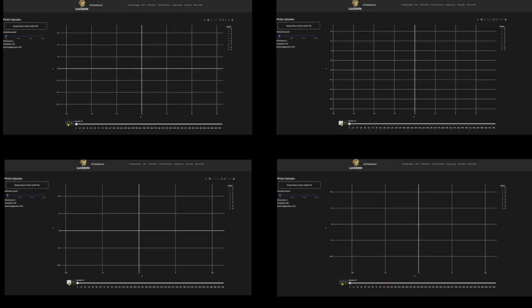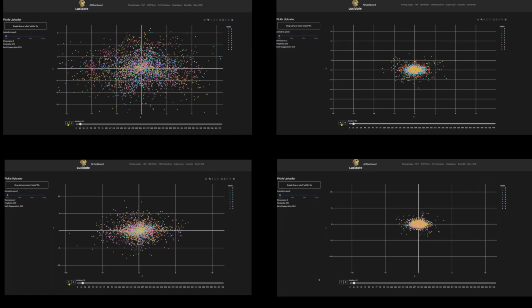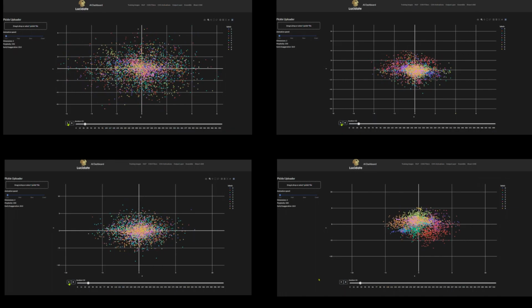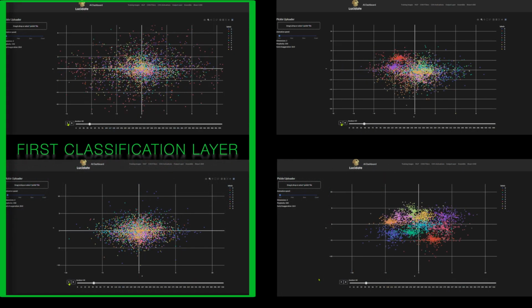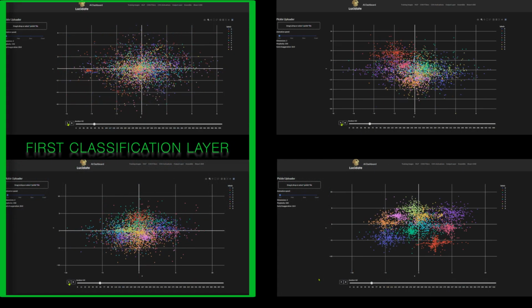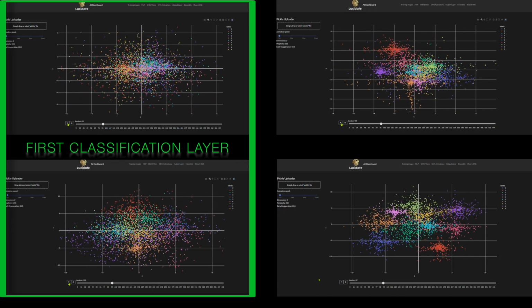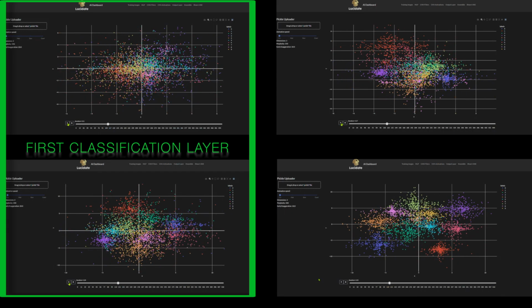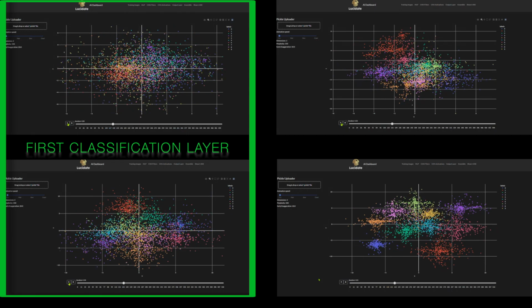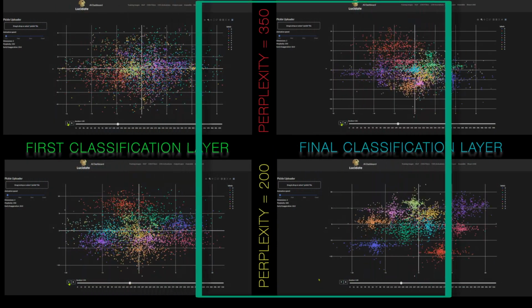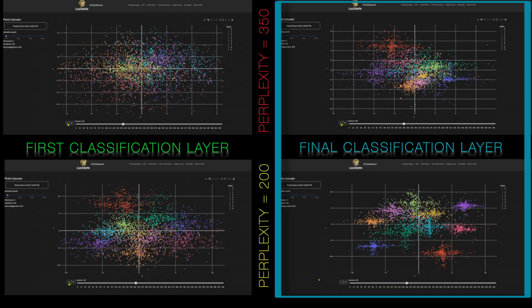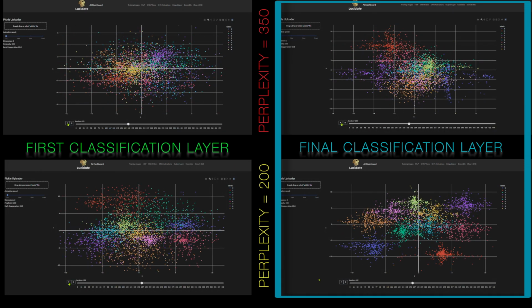Here are 4 t-SNE plots taken from our digits classifier. In the left of the screen, we see plots of our first classification layer. This is taking the outputs directly from our feature extractor and beginning the classification process. The second column shows our final classification layer, the layer immediately before our output layer.